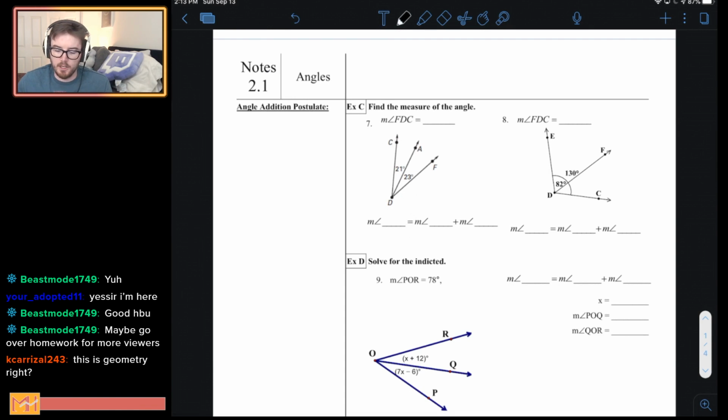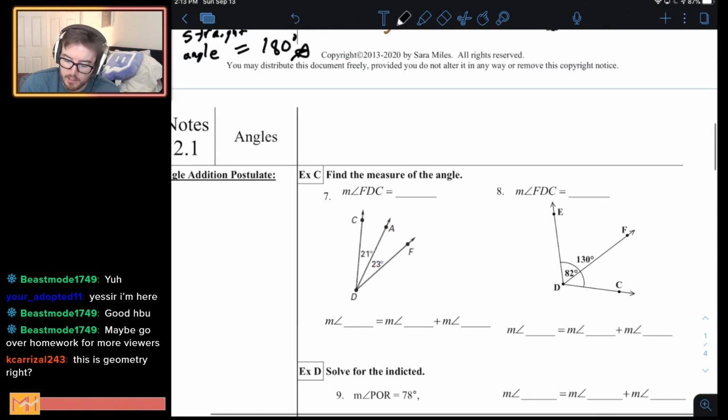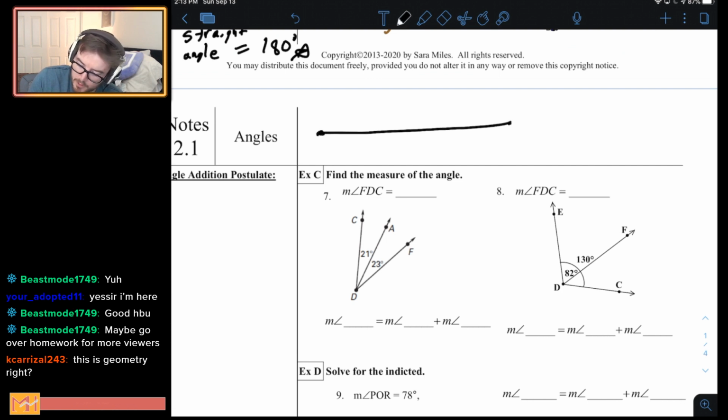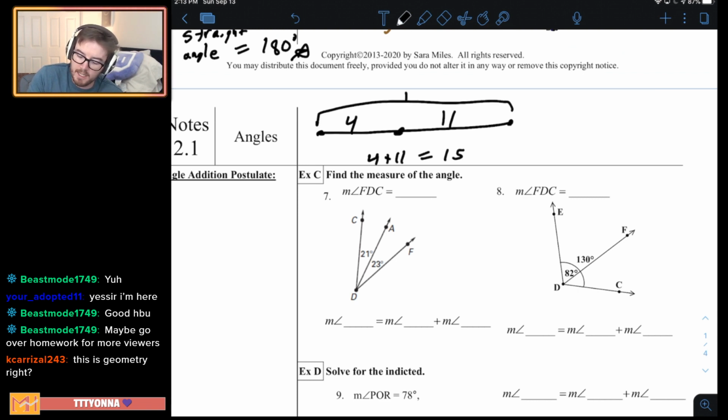Let's knock out some solving ones real quick. We saw the segment addition postulate during our previous lessons, where if I give you a segment that is broken up into 2 smaller segments that are, say, 4 and 11 long, the segment addition postulate says just add those 2 together, and you know how long the big thing is.